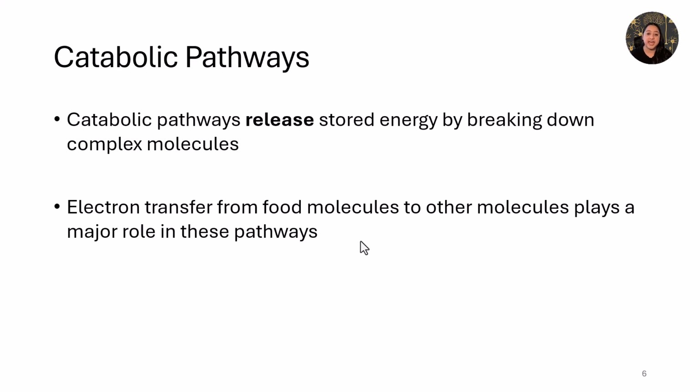So remember the catabolic versus anabolic pathways. Anabolic pathways, you're building bigger molecules by putting in energy. Catabolic pathways release stored energy by breaking down complex molecules. And so the electron transfer from the food molecules to other molecules plays a big role in these pathways. That's why we had to learn about chemistry, because it plays a big role in all the processes of life.